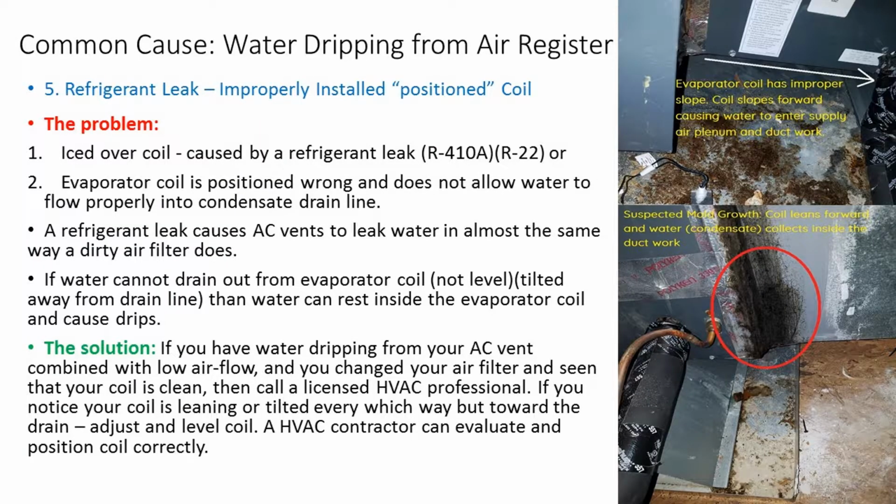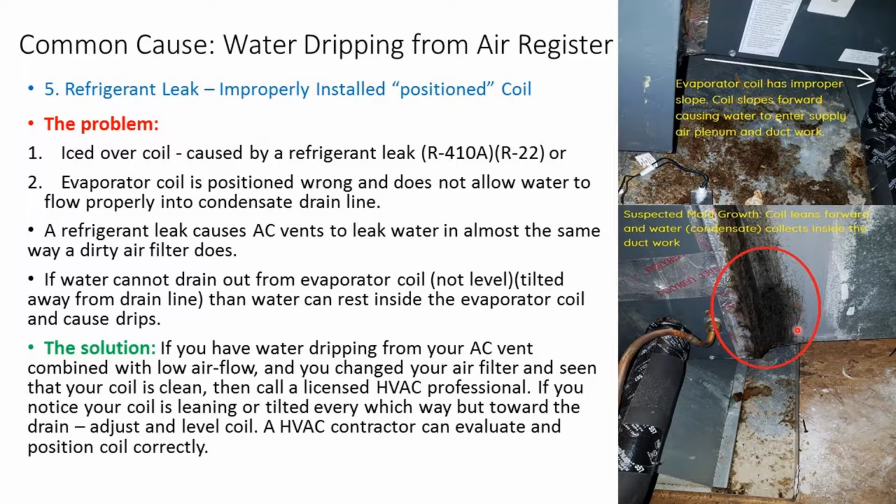And then of course, last but not least, this evaporator coil right here was not properly positioned. It's not level. There's another tray inside the evaporator casing. As that water comes out, we call it the primary, and then we have a secondary. So as this coil is tilted forward, the drain is on this side, so all the water's going there.